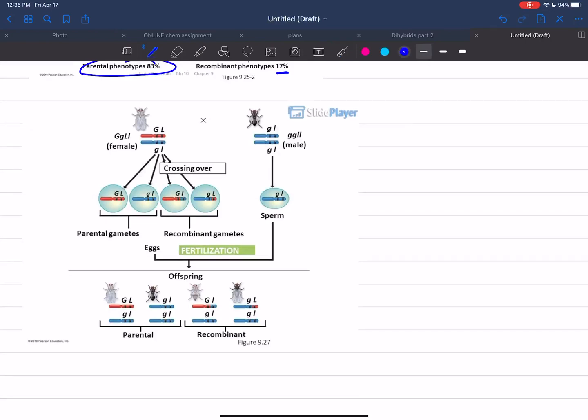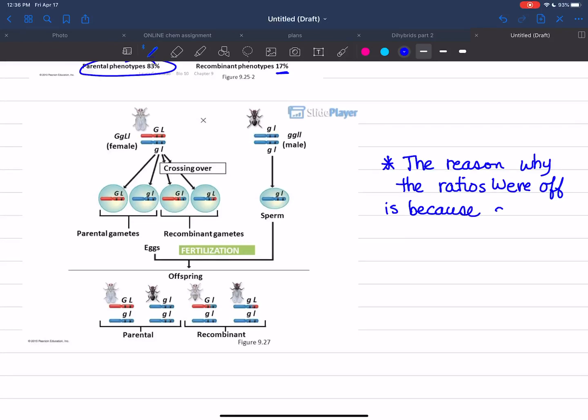But what they proposed is the reason why the ratios were off is because some genes are linked.